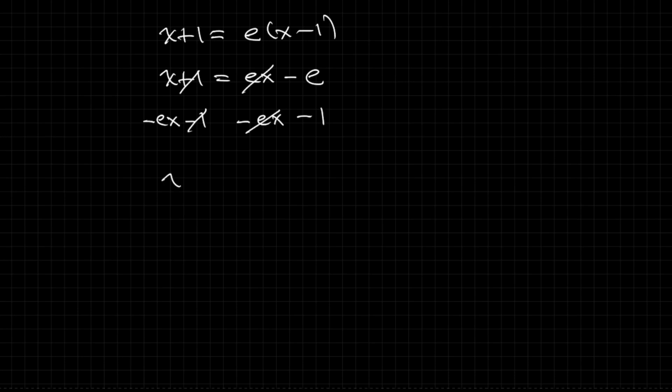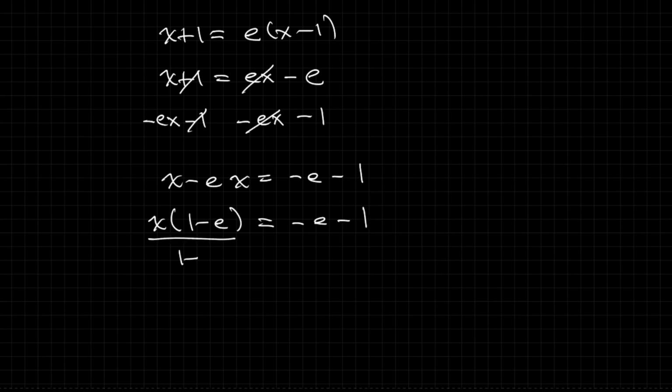The resulting equation says x - ex equals -e - 1, and we can factor out an x from the left-hand side, and we get x times (1 - e) equals -e - 1. And finally, we'll divide by 1 - e, and we get that x is equal to (-e - 1)/(1 - e).